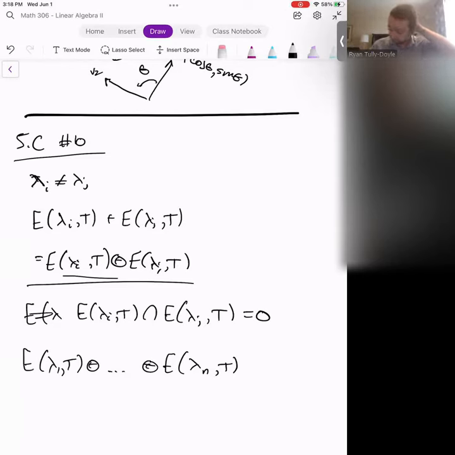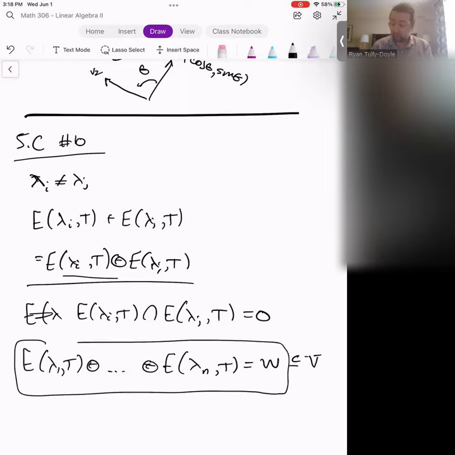Whatever this space is, it's a subspace of V. It might be equal to all of V, but it doesn't have to be. So this is equal to a subspace W, which is contained inside of V. And then you can use the dimension theorem on subspaces. These don't intersect with each other, so the dimension of the direct sum is just equal to the sum of the dimensions of the direct sum pieces.